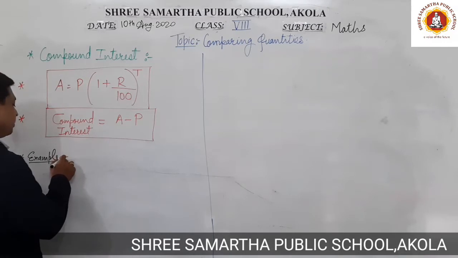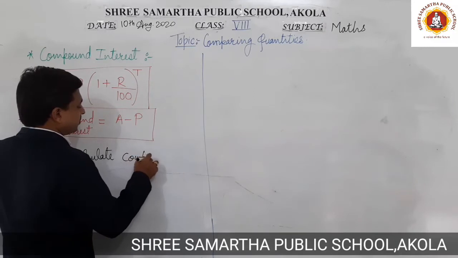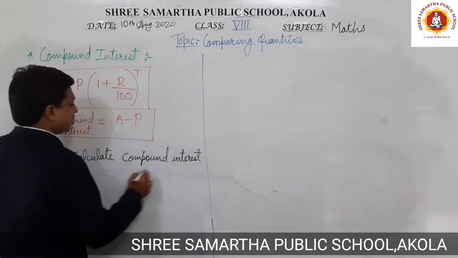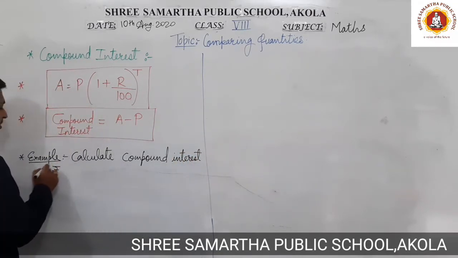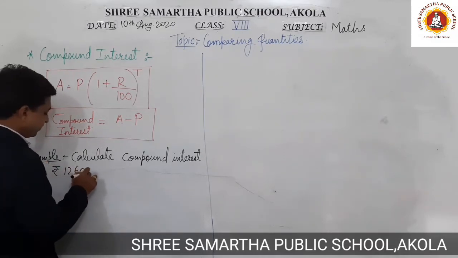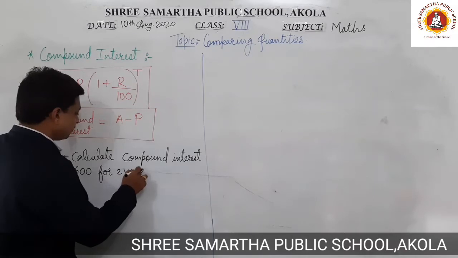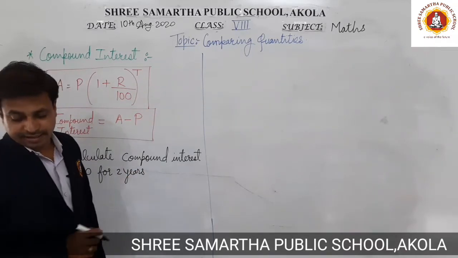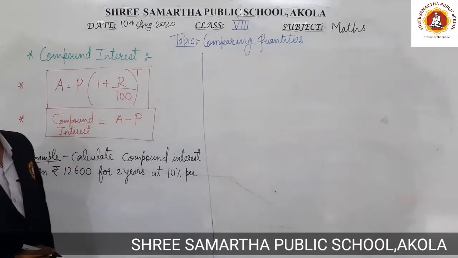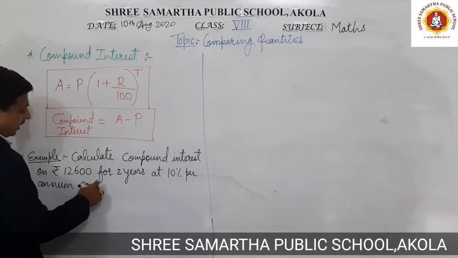Calculate compound interest on rupees 12,600 for 2 years at the rate of 10% per annum compounded annually.